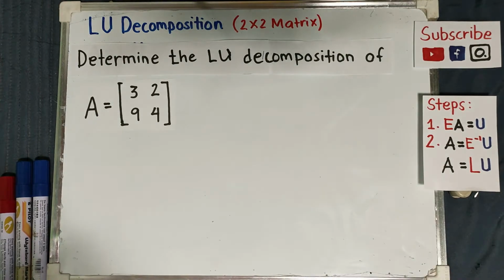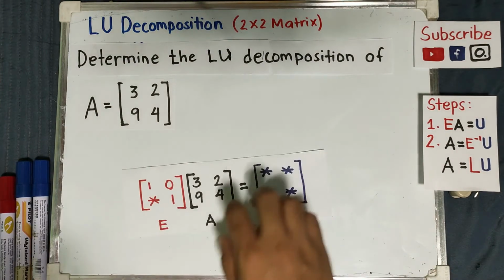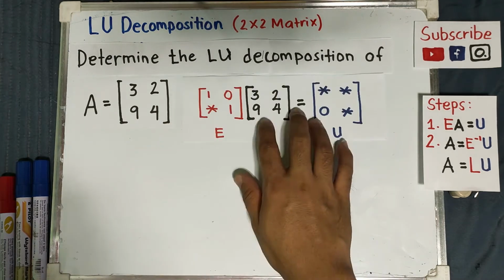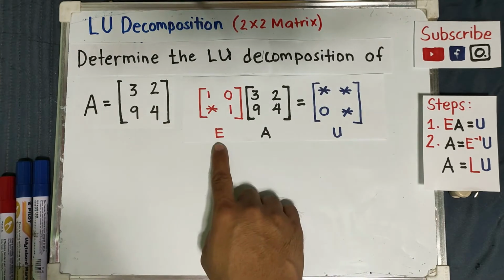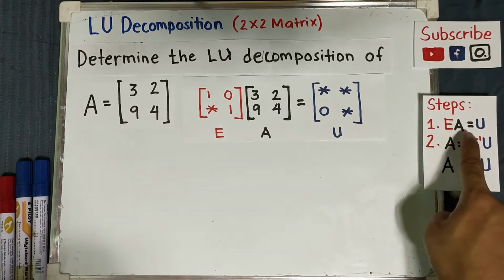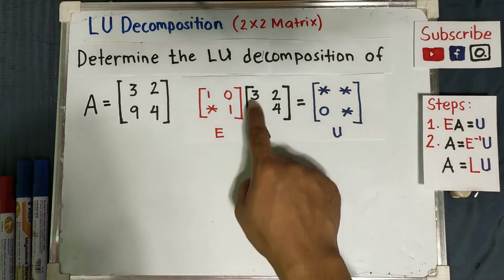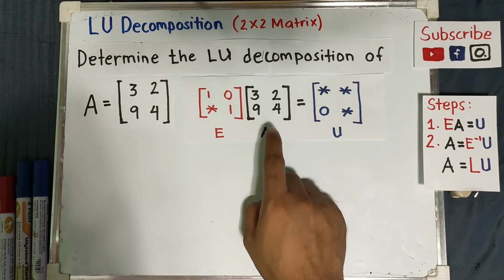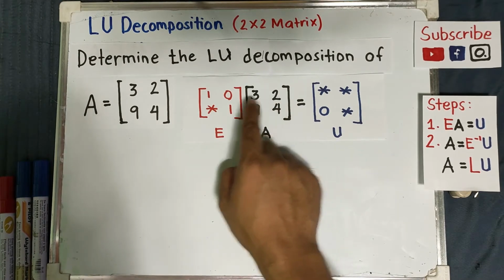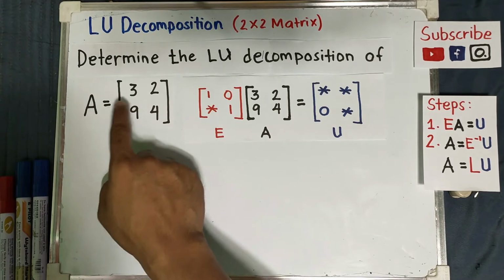So basically, we will write that matrix in this way. Right? We have our E, the A, and the U. Follow? What we have here in our A is the given problem here.